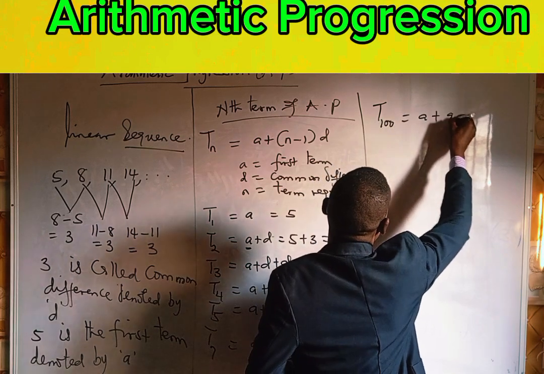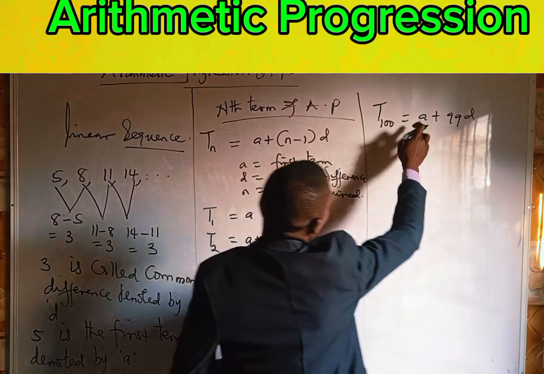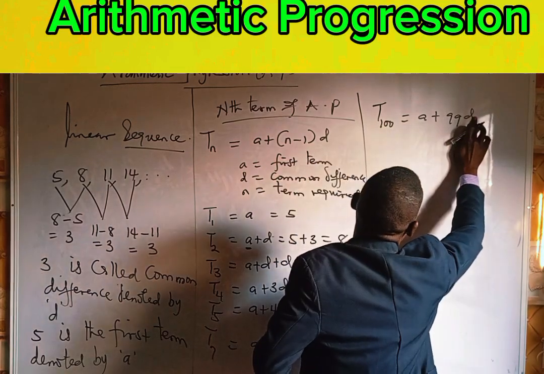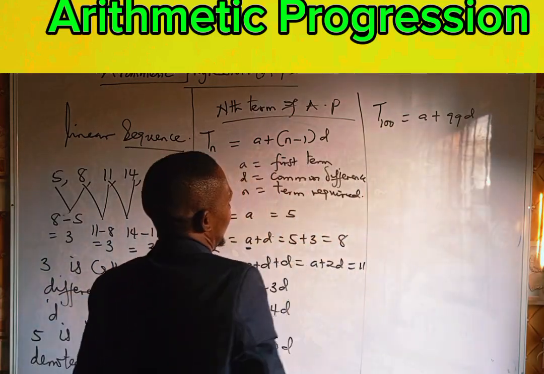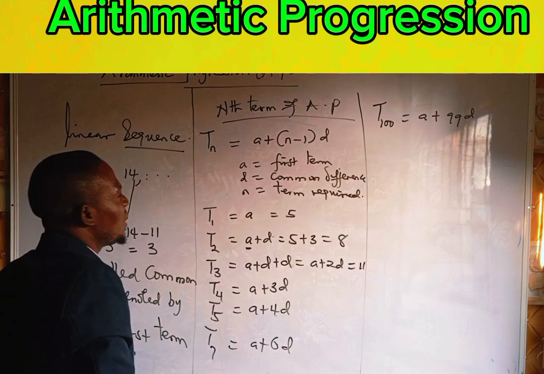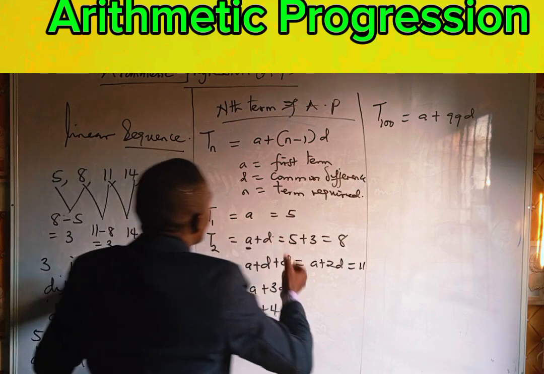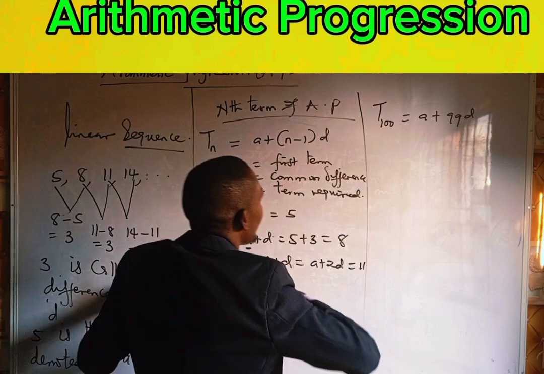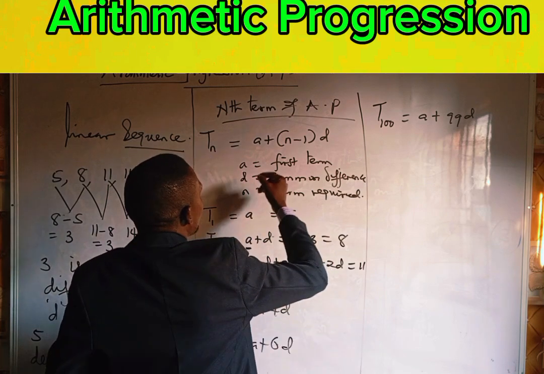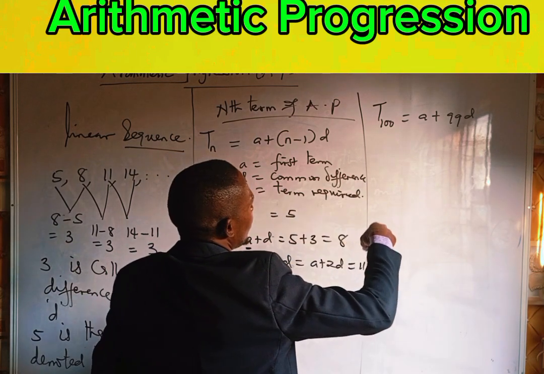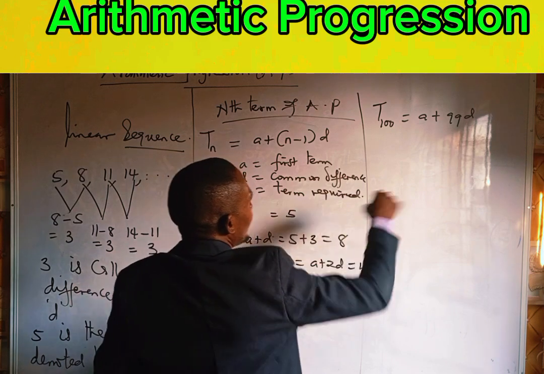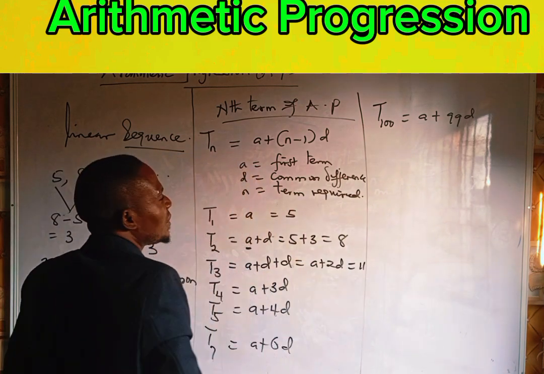The next thing is to know your A, which is always the first element, and D, the common difference. It is very simple. If you have to find the nth term, fifth term, sixth term, seventh term, 100th term, 1000th term, the formula is what? A plus 1 less than the term required times the coefficient.